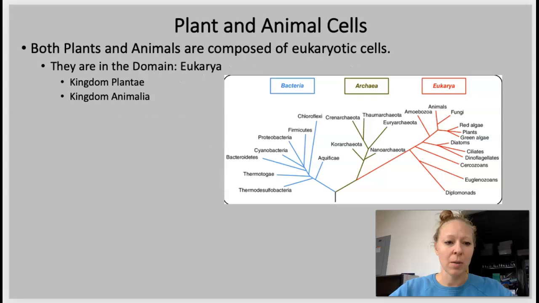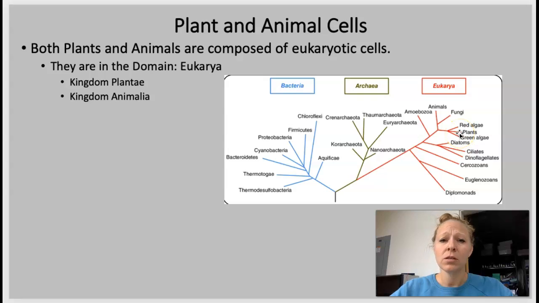So let's first talk about plant cells and animal cells. We know that life is broken down into three different domains: domain bacteria, domain archaea, and domain eukarya. And we know that there are four kingdoms that we're talking about in domain eukarya. There's the animal, fungi, protists, and plantae.